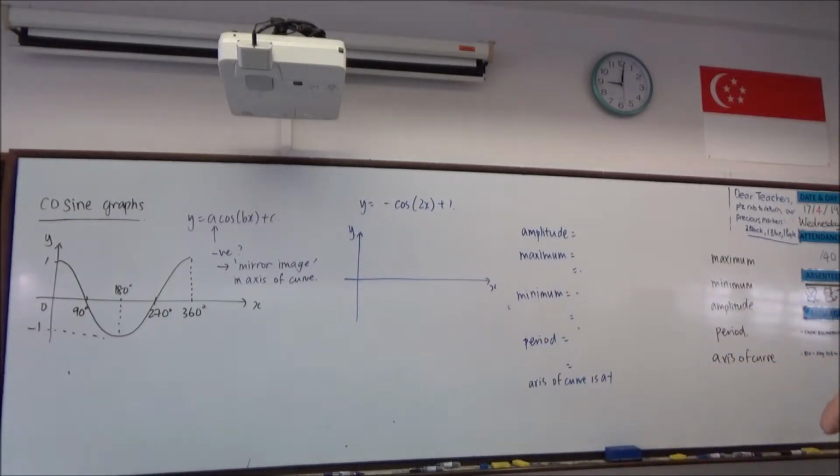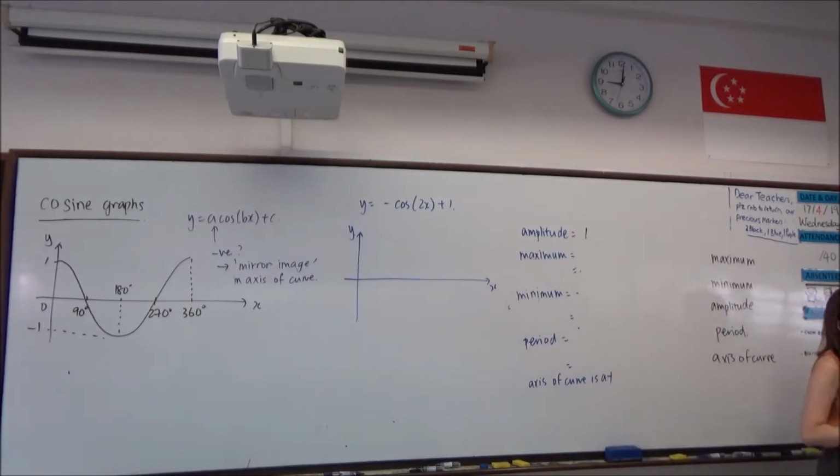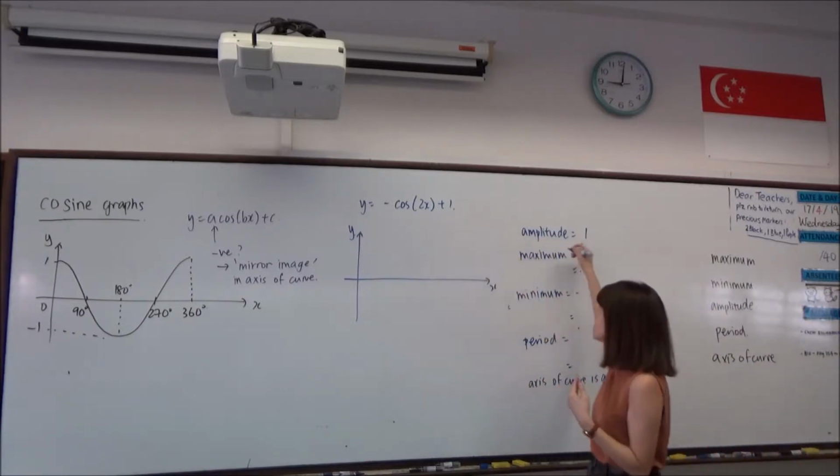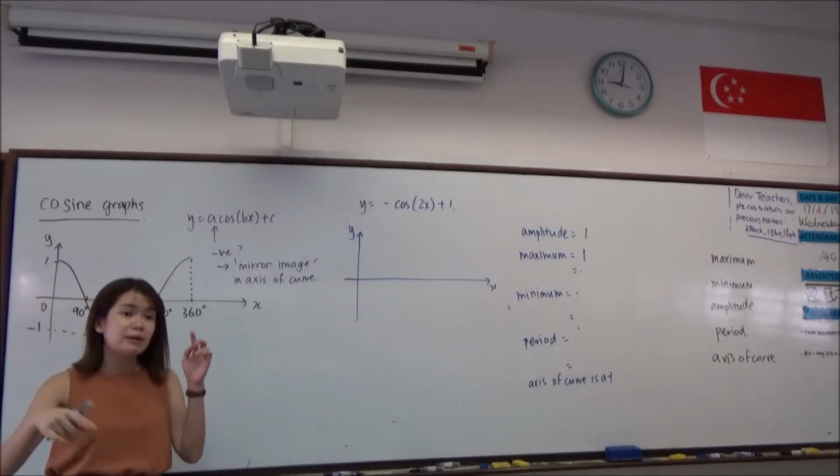Amplitude is the length, the distance itself, so amplitude will always be a positive number. Likewise, the maximum and minimum remain the same at 1 and negative 1. Because it is plus 1, the maximum originally for the cosine graph is 1, just that the shape now is different.